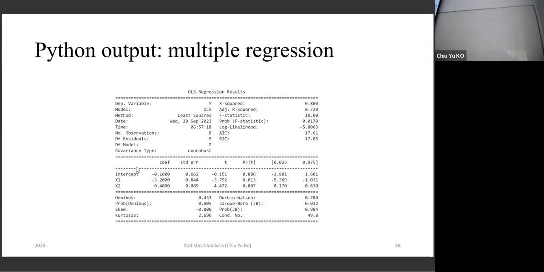AIC and BIC are information criteria, and they will be useful when we talk about prediction later. These are measures like R-square, but R-square is only useful when you compare the same type of regression, right? And it's usually not about selecting a model, but just telling you how well it fits, right?